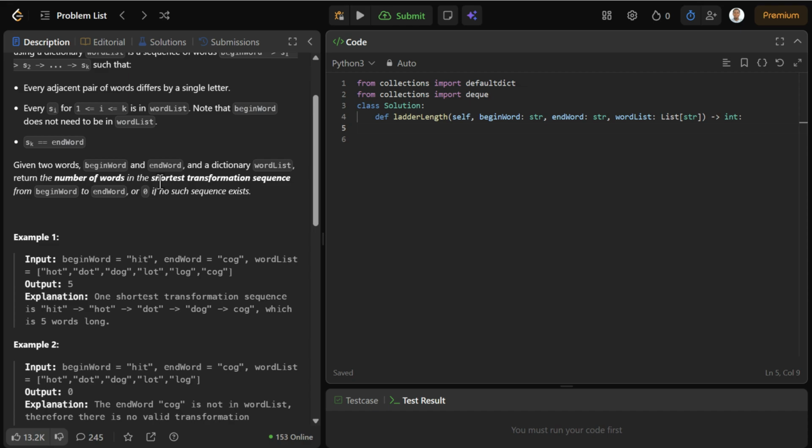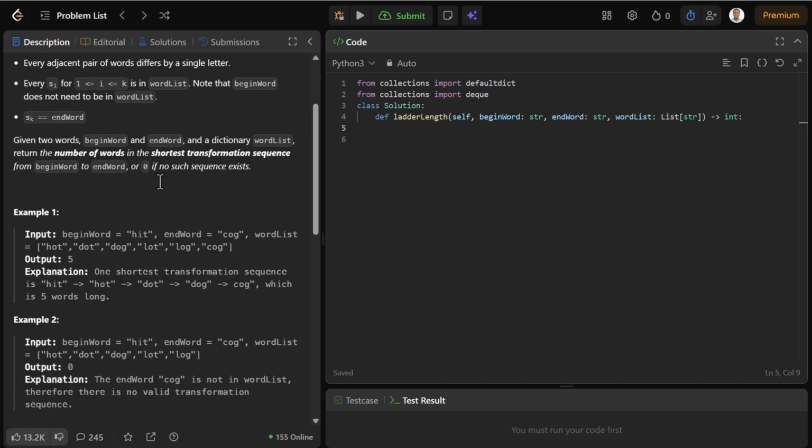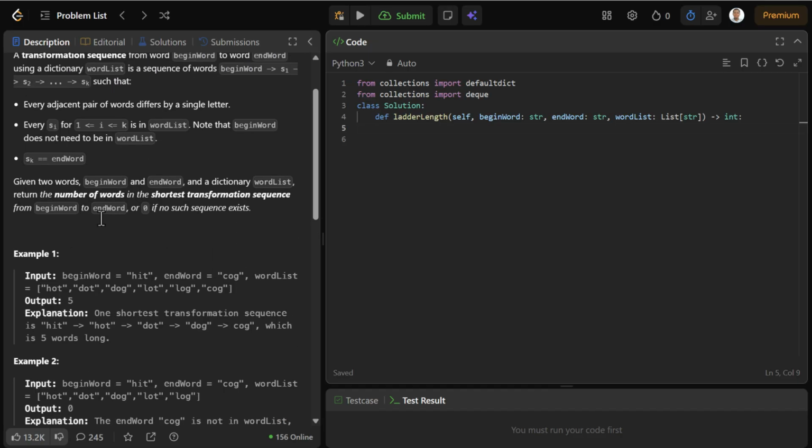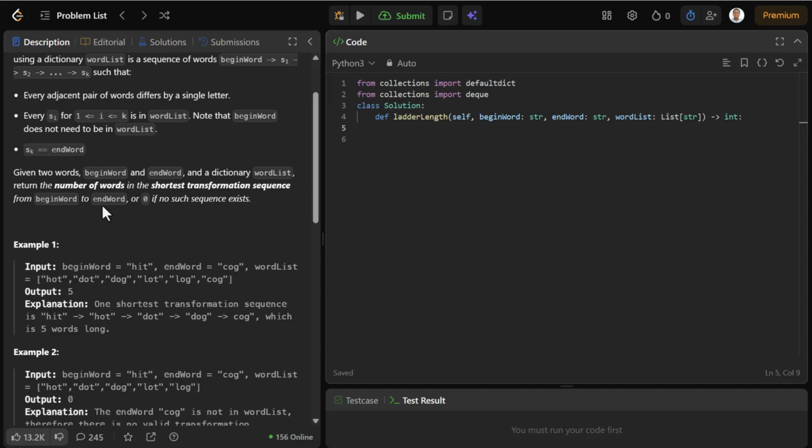Breadth first search is very good at finding the shortest distance or shortest path in a graph. And if we could not find that word, or if the end word is not part of the word list, then we return 0.